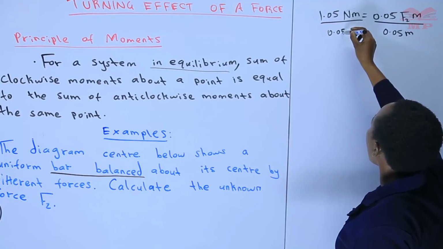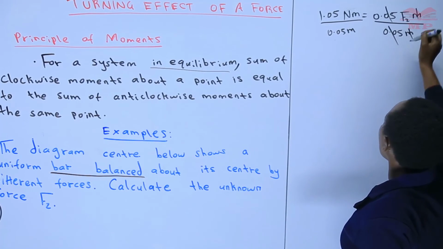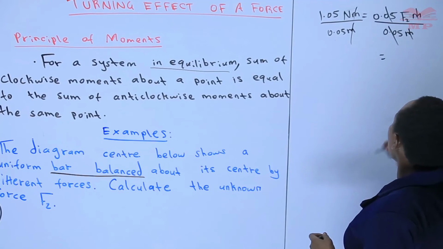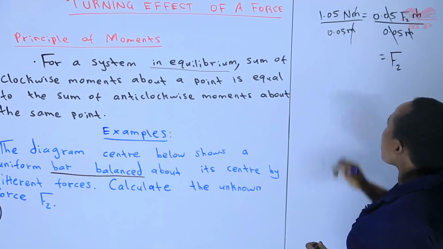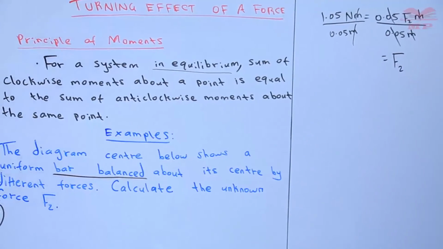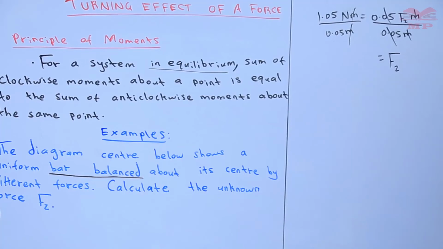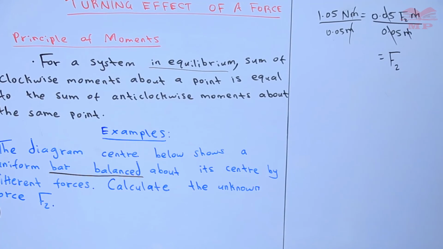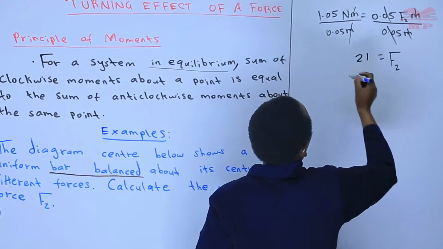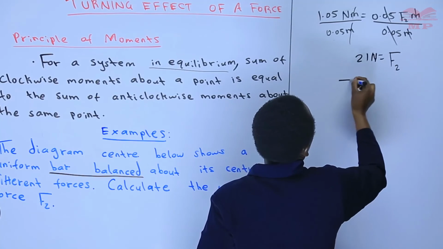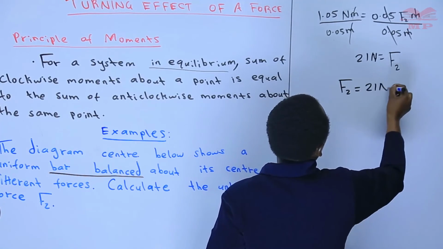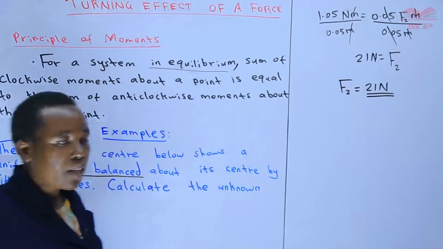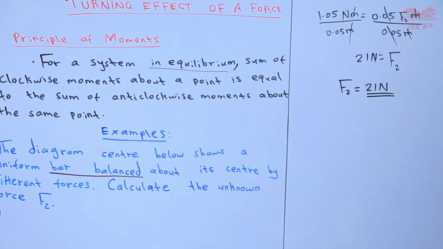Meters will cancel. So we'll have our F2 being equal to 1.05 divided by 0.05. And you end up getting your answer as 21, and it's in newtons. So we can say that our F2 is equal to 21 newtons. Is that okay? So we have been able to get the value of the unknown force F2 as 21 newtons.